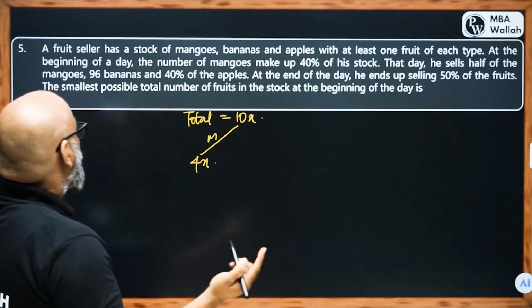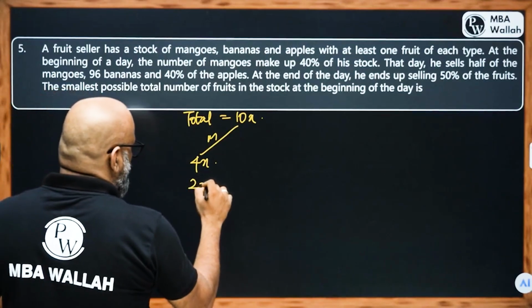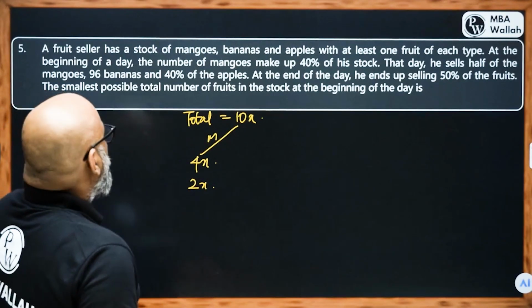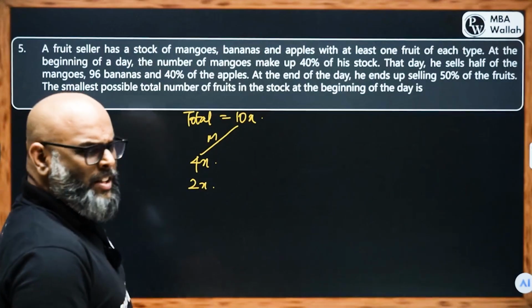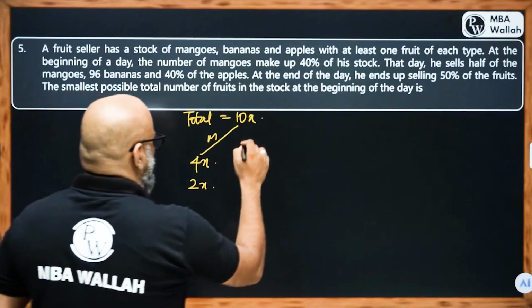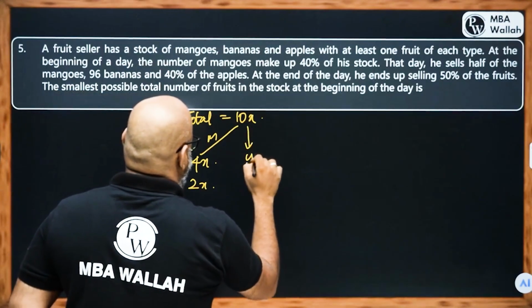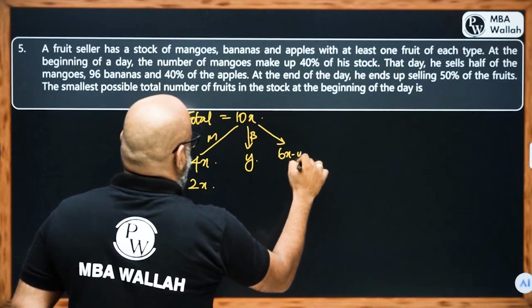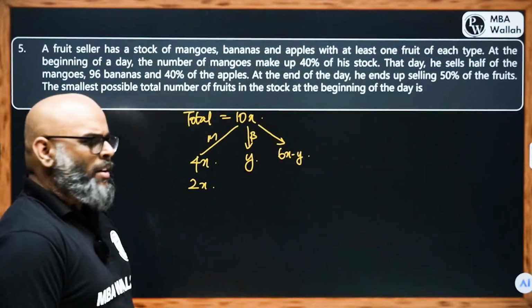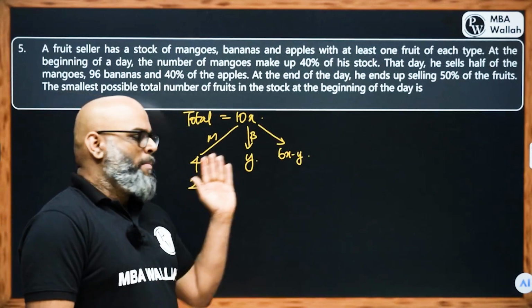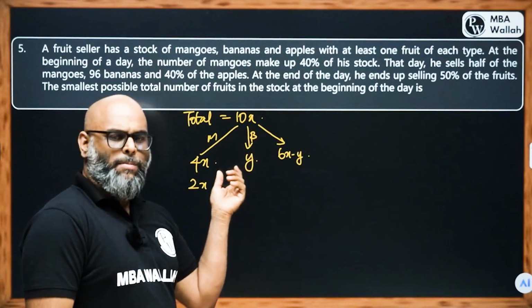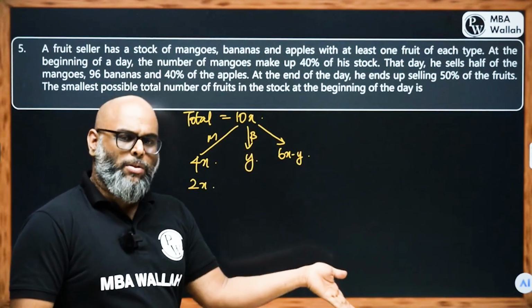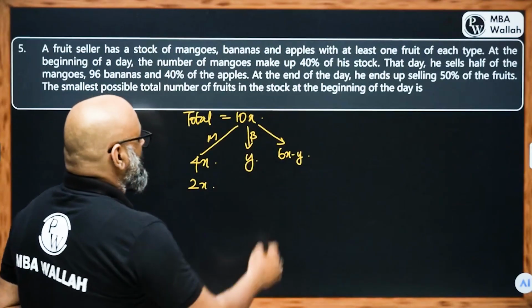He sells half of the mangoes, which is 2x being sold. And then 96 bananas. I don't know how many bananas are there. I'm going to say we have y bananas. So apples will make 6x minus y. How is that? 4x mangoes, remaining is 6x, out of which y is bananas. 6x minus y is going to be your apples. So this is apples.